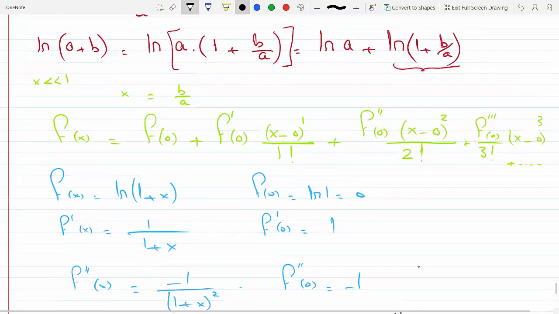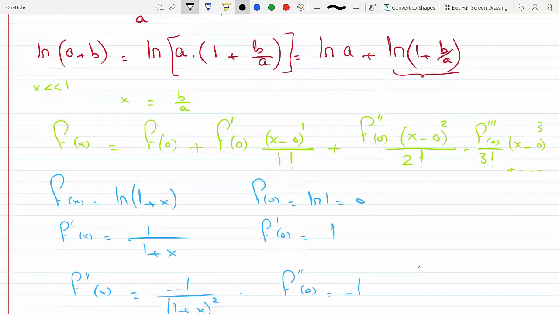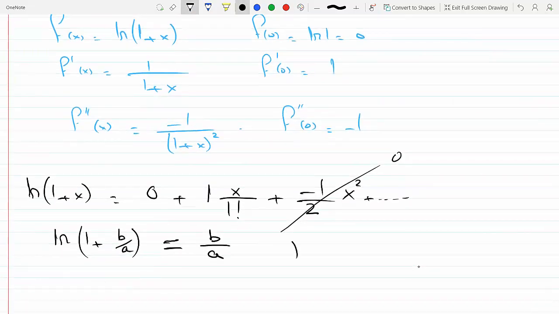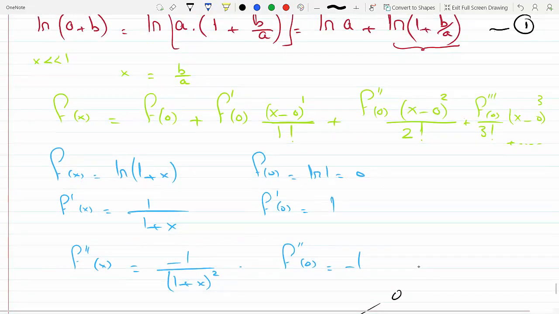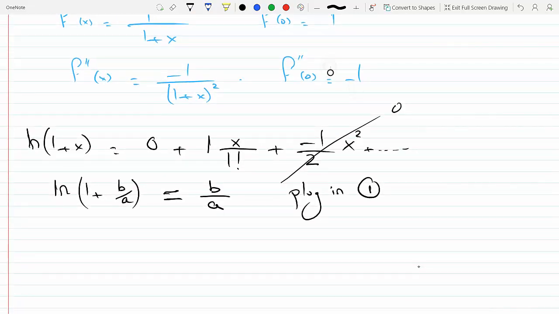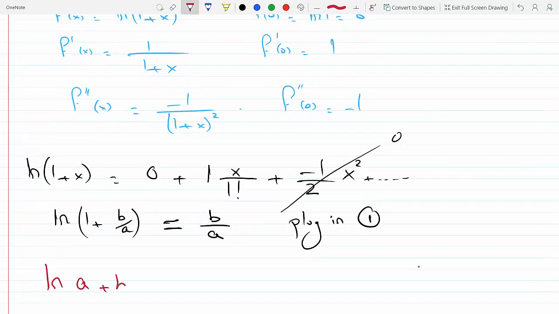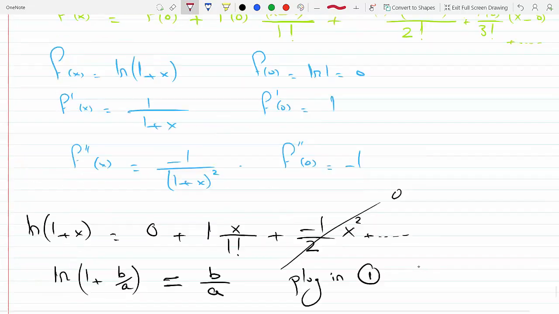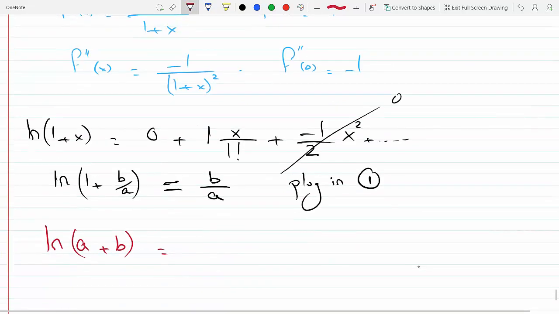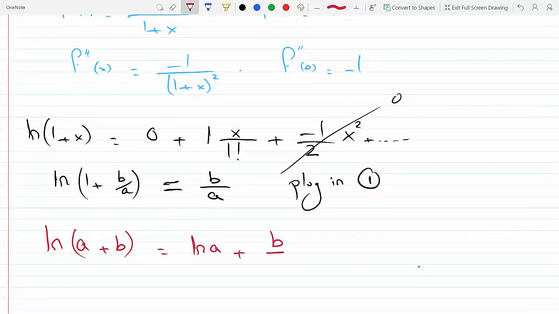So if I plug this back into expression number 1, I would get ln of a plus b would equal ln a plus ln 1 plus b over a, which turned out to be b over a.